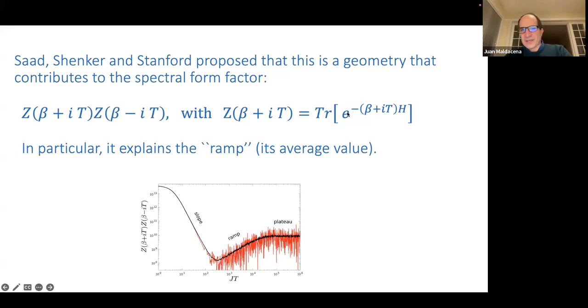So we consider this particular analytic continuation of the partition function, and then we take this trace. We see that if beta is equal to 0, then this would be like the trace of the evolution operator. Now that's not an observable which is particularly easy to measure. Well, it could be measured. I mean, this object is equivalent to taking the thermofield double state and then doing this Lorentzian evolution and then overlapping it with another thermofield double state.